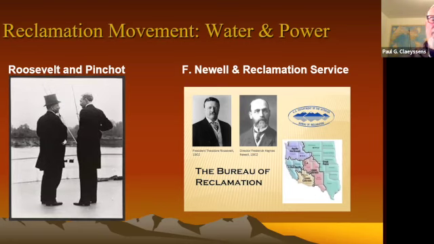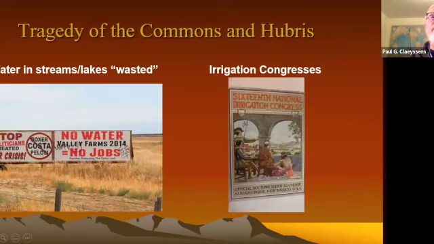And so there was a lot of interest in that beginning to come to fruition in this reclamation movement. And every year there would be an annual irrigation congress. And these congresses would really promote opportunities for business and farming and developing local economies around the management of water.